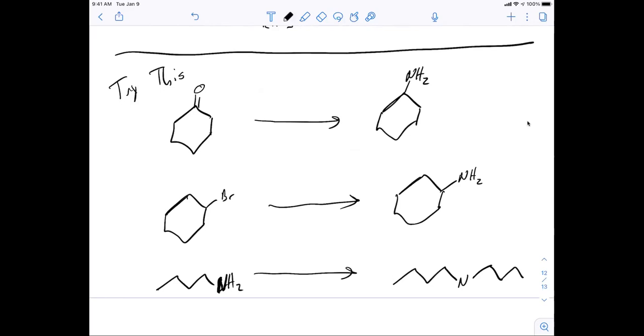Let's come up with the reagents for these three. Feel free to use your notes, talk to your neighbor.